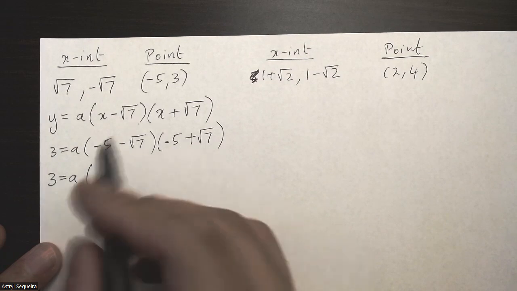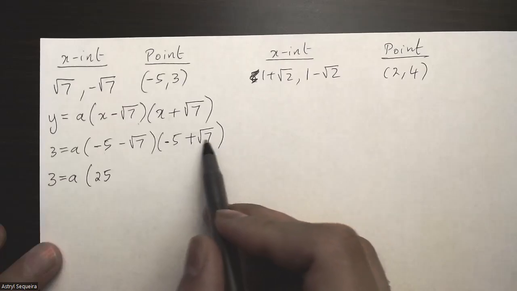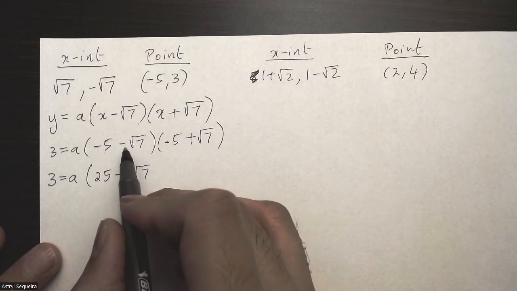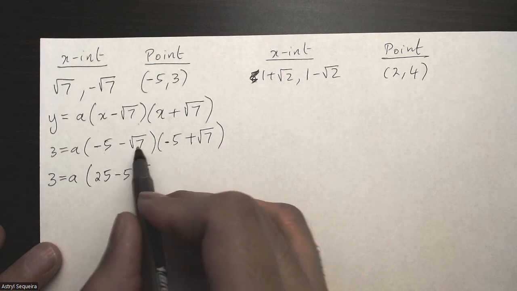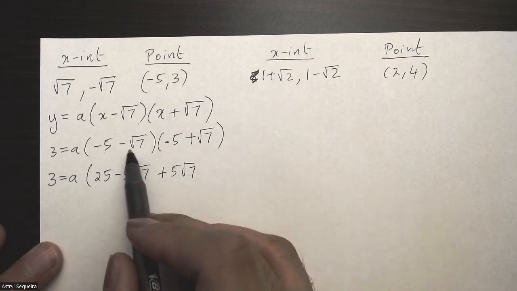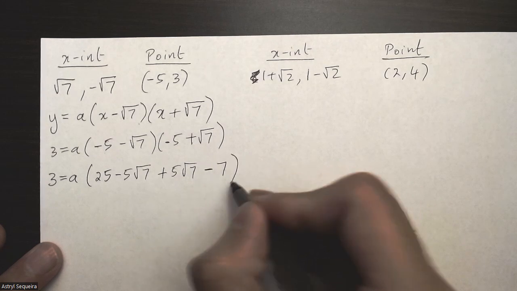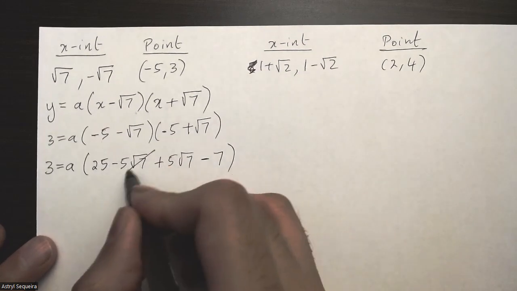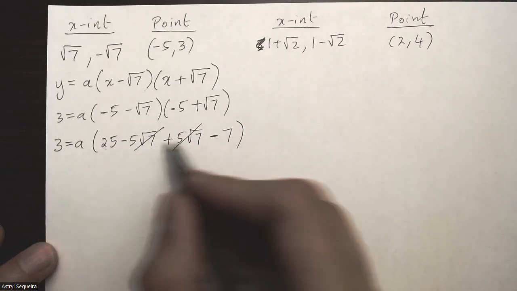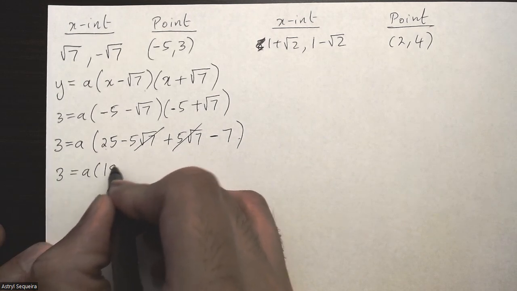So -5 times -5 is positive 25. -5 times positive root 7 is -5 root 7. Negative root 7 times -5 is plus 5 root 7. And negative root 7 times root 7 is just -7. These two middle terms are identical but opposite signs, so they cancel each other out. And 25 minus 7 is just 18.